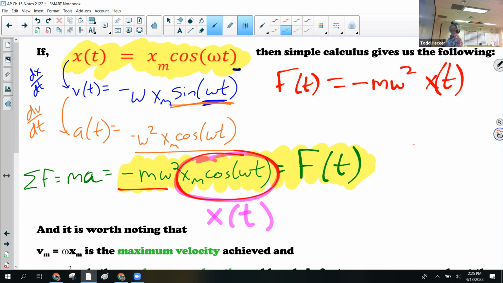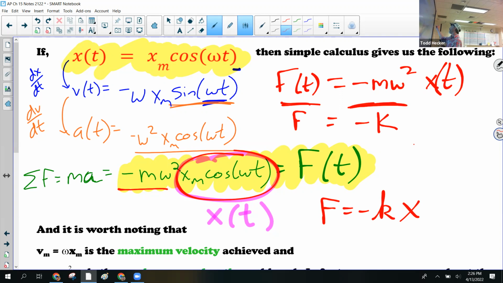Now remember, the definition of simple harmonic motion is motion in which the force is proportional to the displacement. The force is equal to negative k times x. I'm mad that I wrote that like that because it looks like a fraction now, and that wasn't my intent.